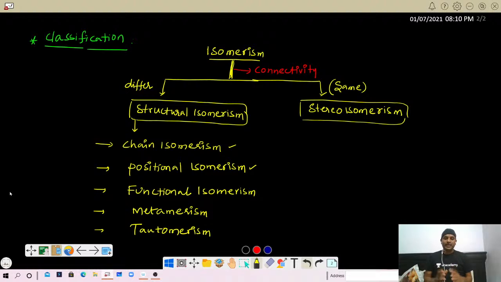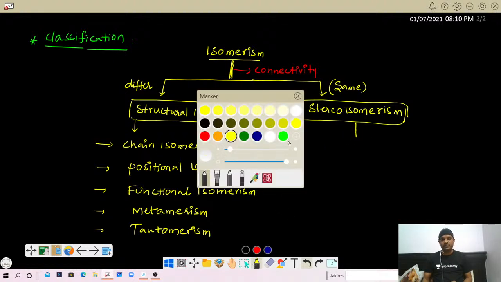Again, in stereoisomers the connectivity is the same, but in what way are they different? We can further classify these stereoisomers into two types. On what basis are we going to classify them?